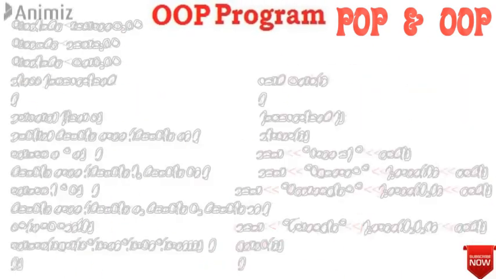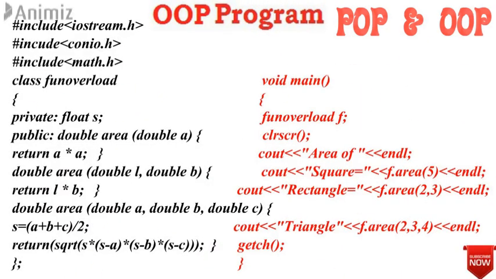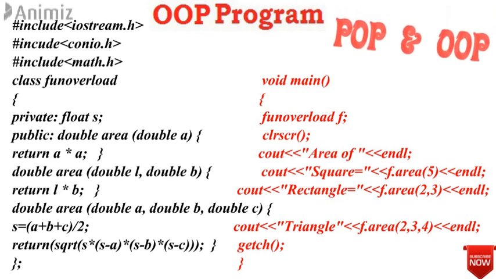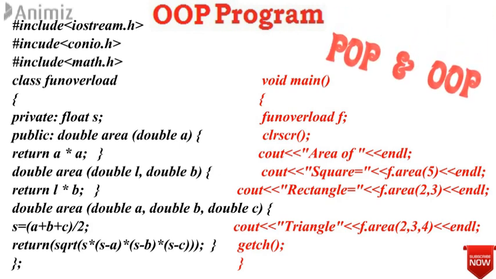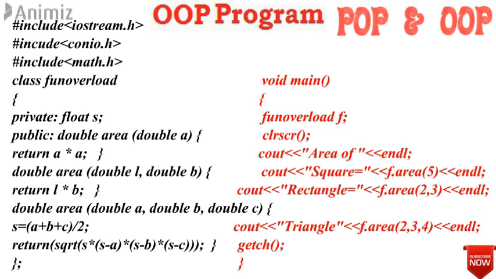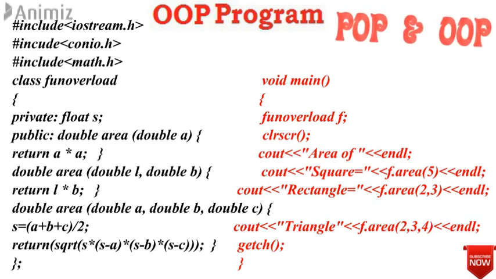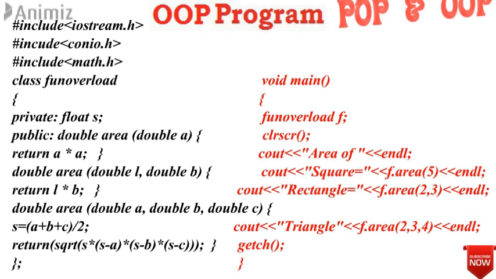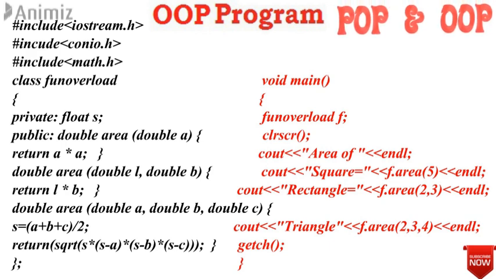The second type of paradigm is the object-oriented concept, that is, the OOP concept. Using OOP, the same program can be written within the class, outside the class, using access specifiers, data members, and member functions. Like in this second example of OOP, here we are declaring a class with the name fun overload, nothing but function overloading.